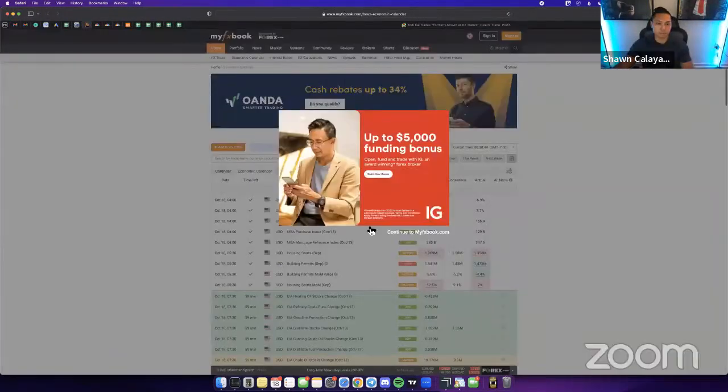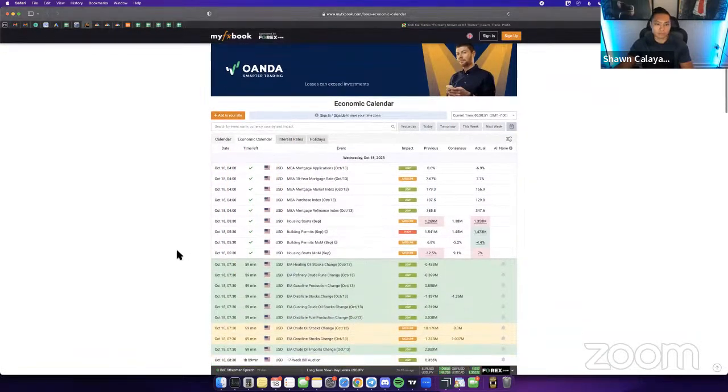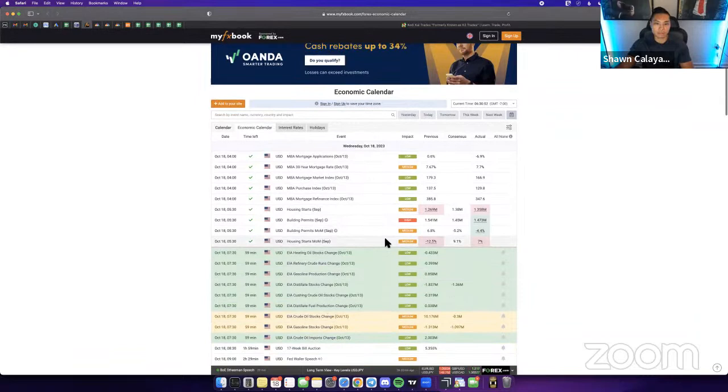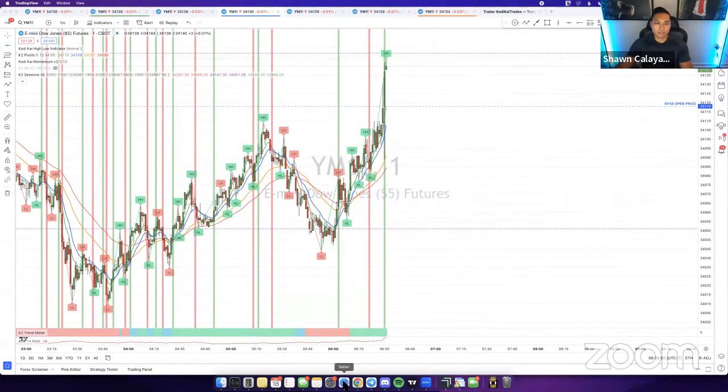Looking over here at the calendar for today, we had news at 4 o'clock, 4:30, 5:30, and 7:30. The news is kind of mixed for the housing permits and stuff, but we'll see.